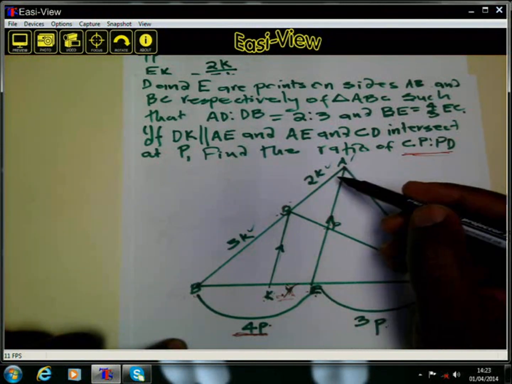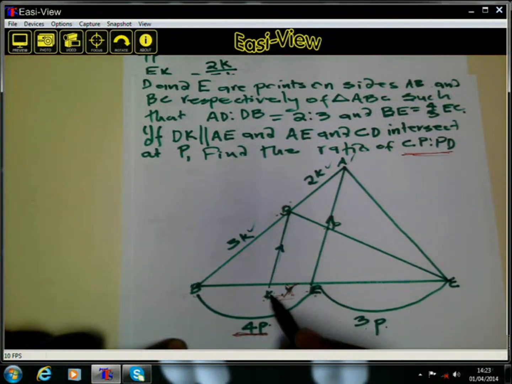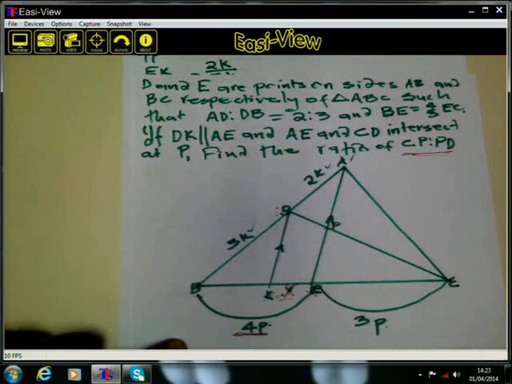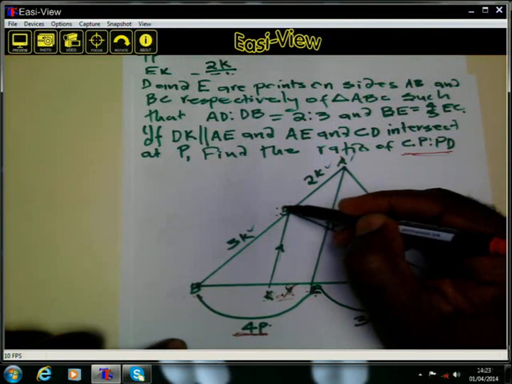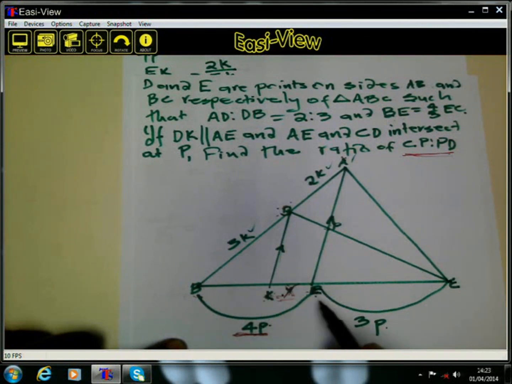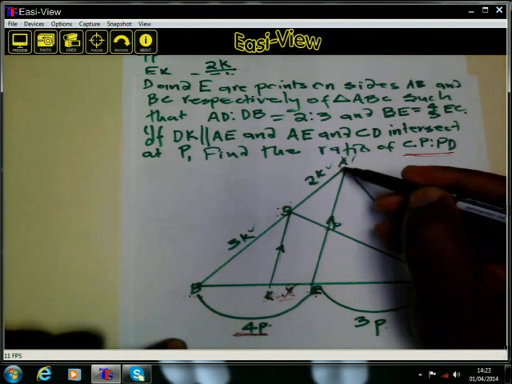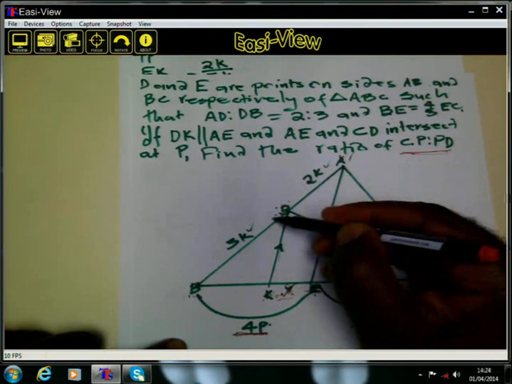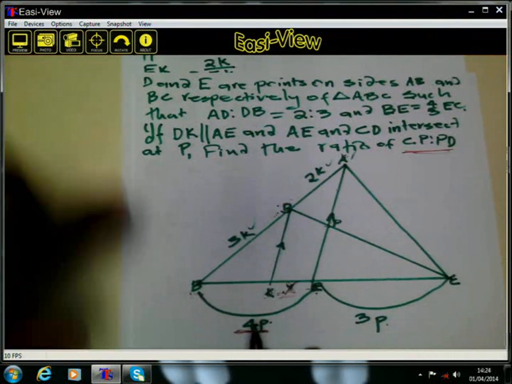If we take EK over EB, it must be AD over AB.